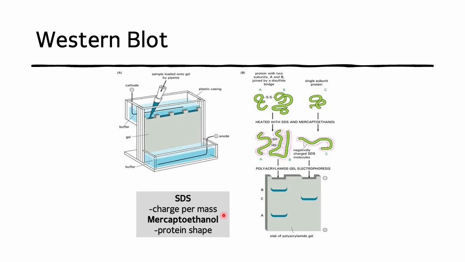And charge per mass is one factor important in deciding the moving speed of the protein. And mercaptoethanol makes the protein shape linear. So protein shape is also another factor affecting protein moving speed. So with the help of mercaptoethanol, protein shape becomes the same in every protein in the sample.